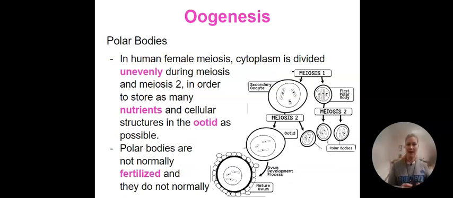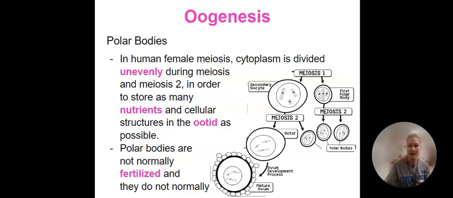Now, the other thing with oogenesis is that if you'll recall, at the end of spermatogenesis for males, we still got our 4 viable sperm. Well, for females, at the end of meiosis, after metaphase 2, hopefully we were fertilized, and then we finished meiosis 2.